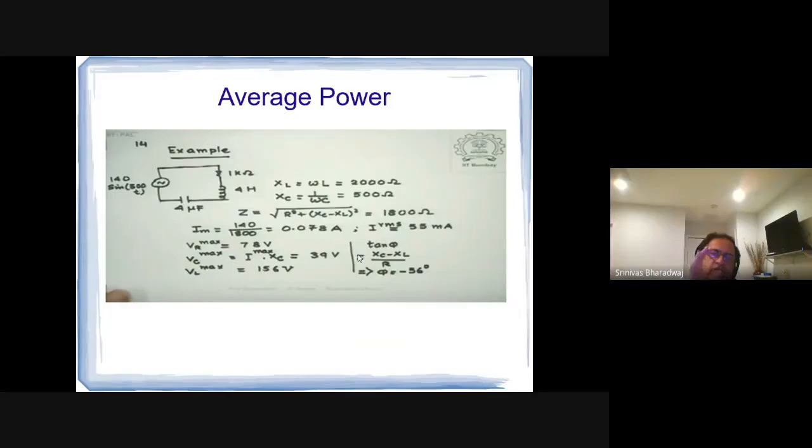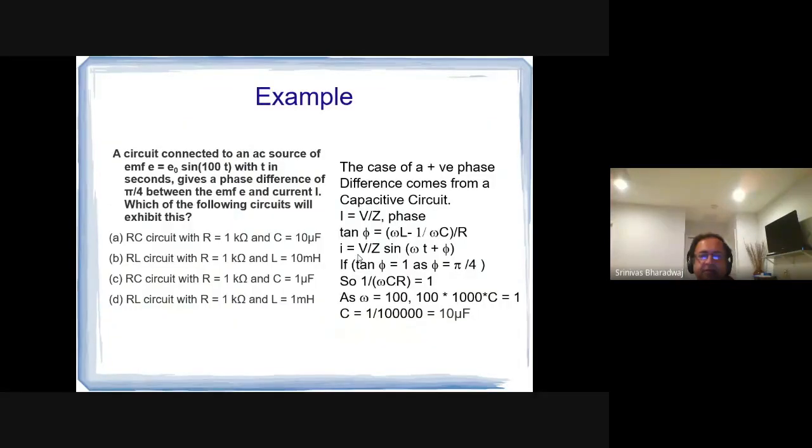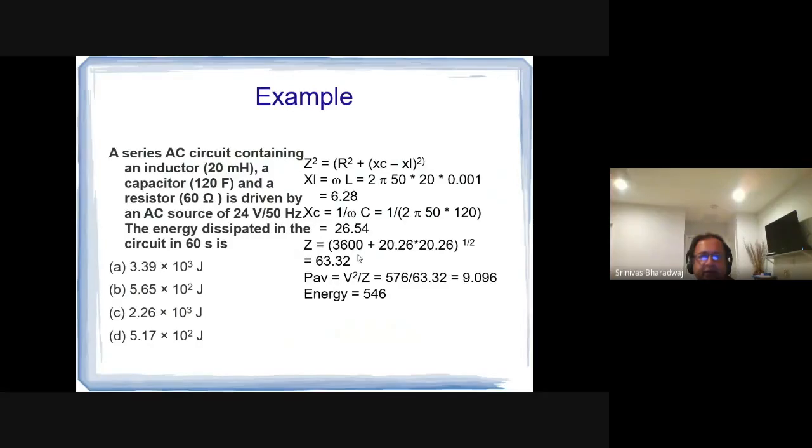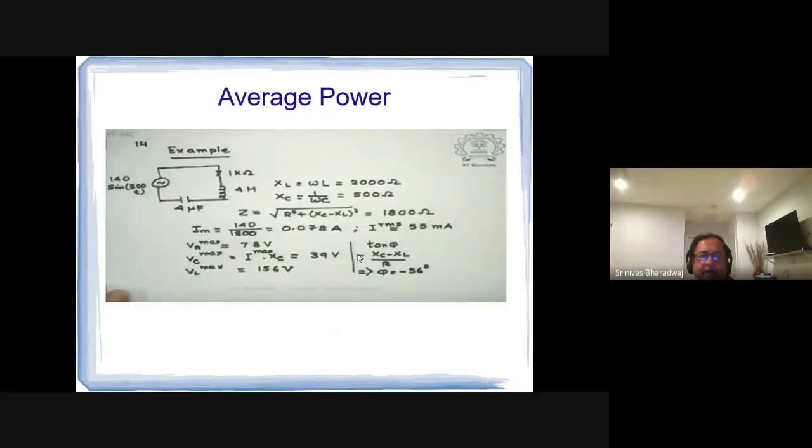The only thing is, you're now using Z instead of just R, and then you have an AC circuit and an associated power. And therefore you have the VRMS, which is related to the average power. So how do you calculate the average power? The average power is calculated using these circuits.